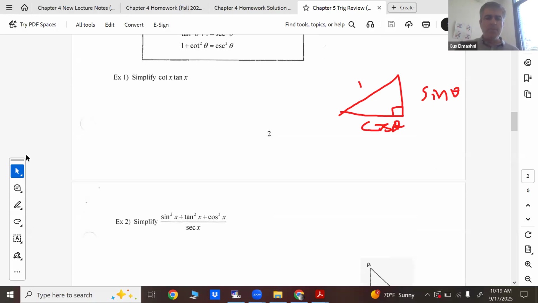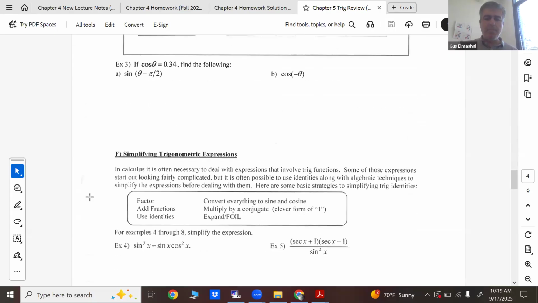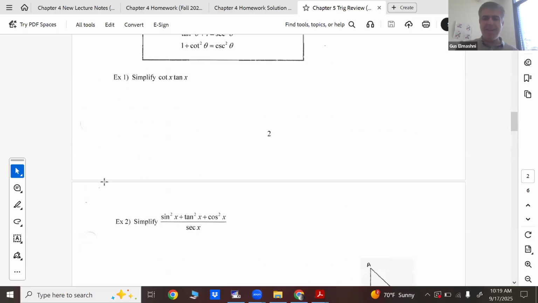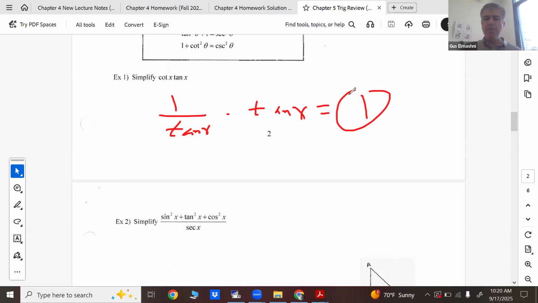Okay. So you should be fairly comfortable with simplifying. For example, I'm just gonna kind of gloss over these. We'll spend more time on this tomorrow, don't worry. But like cotangent is one over tangent, right? So when you simplify that, what do you get? 1.